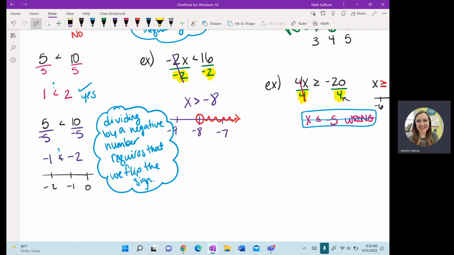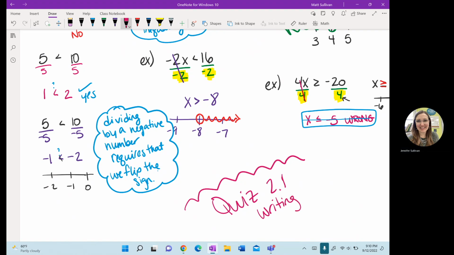All right. Hey, quick reminder, next class period, there is going to be a quiz over 2.1. Okay, so this one's going to be writing inequalities. So changing it from words into a math sentence.